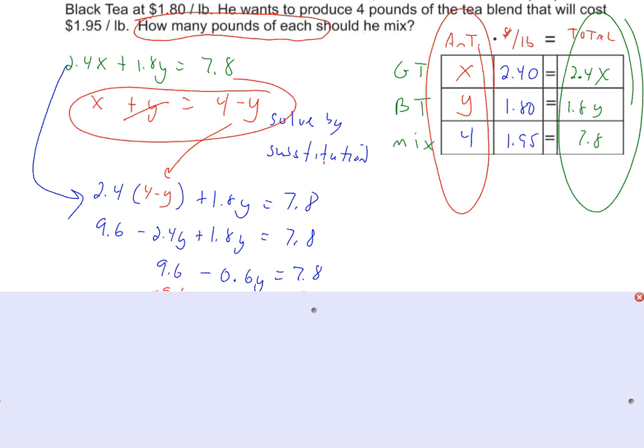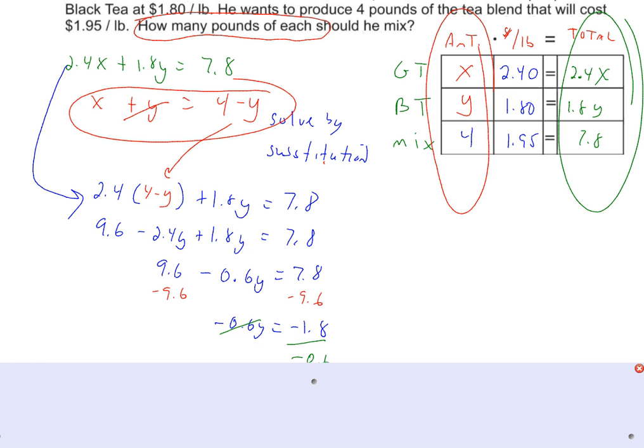So your next line, when you would have added the negative 2.4 and the positive 1.8, you should have gotten negative 0.6 of the y's. Now add a negative 9.6 to both sides. You should have had negative 0.6y equals negative 1.8. Divide by the negative 0.6, and you should have gotten y equals 3.